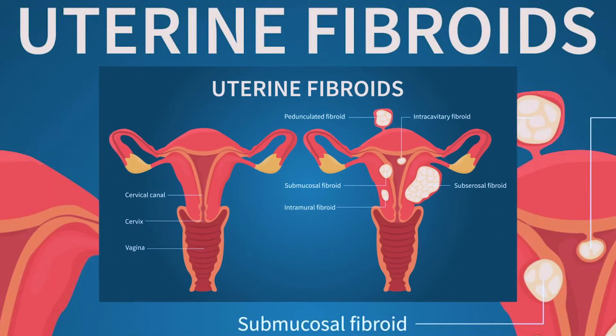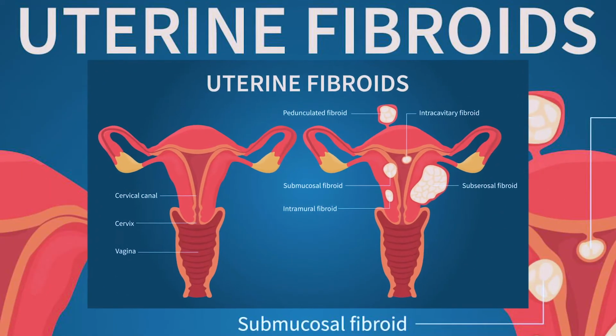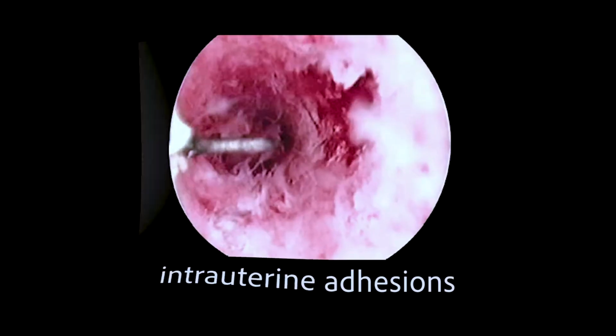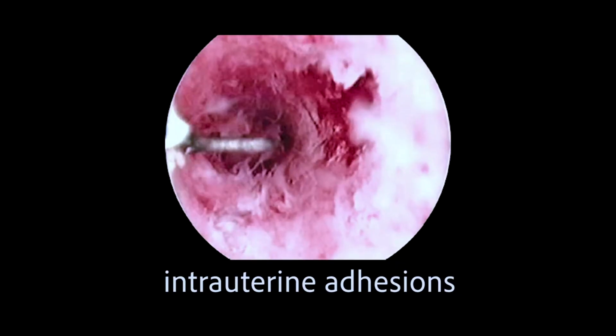One of such issues is uterine fibroid. I've discussed uterine fibroid before, you can watch our other videos. Other issues are intrauterine adhesion, endometrial polyps, and abnormalities such as septum and double uterine cavity. All these are issues that could affect your uterus and thereby make conception very difficult.